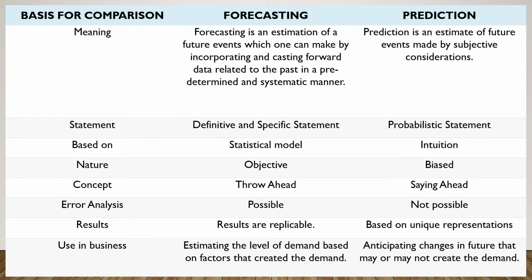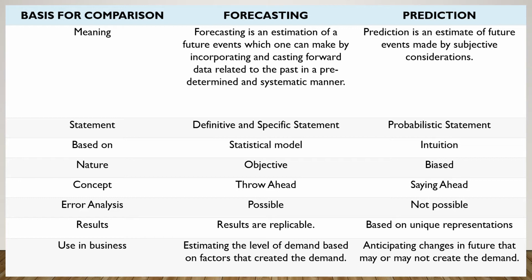So the concept of forecasting is throw ahead. The concept of prediction is saying ahead. Error analysis in forecasting is possible, but in prediction not possible because you can't measure it. It is your intuition. How can you measure it?